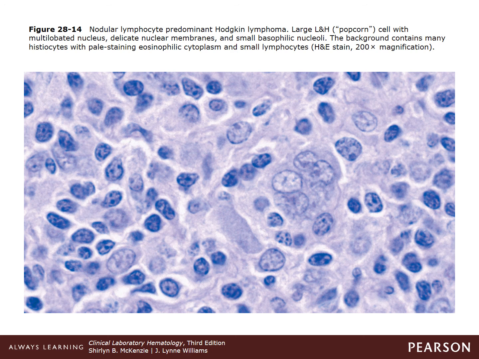Now, the phenotype here is similar to that of B phenotypes, where you're seeing CD45 positive and CD20. These reactive small lymphocytes surround these neoplastic cells, and often include an unusual subset of CD57 positive cells.